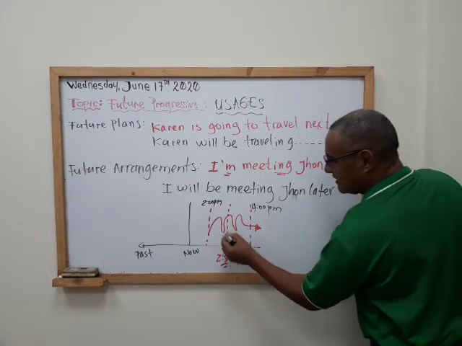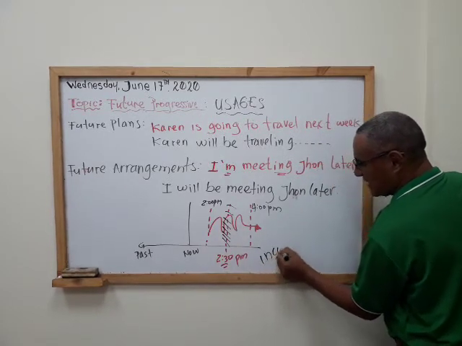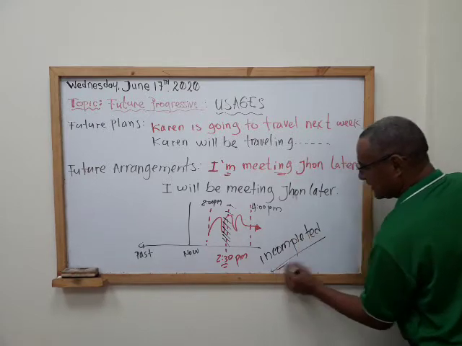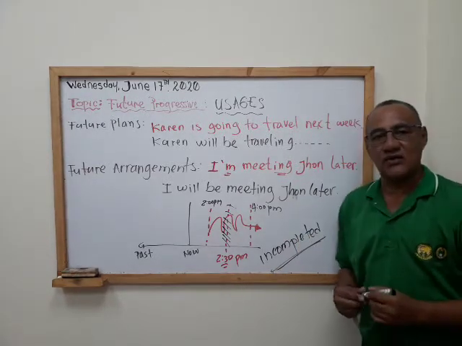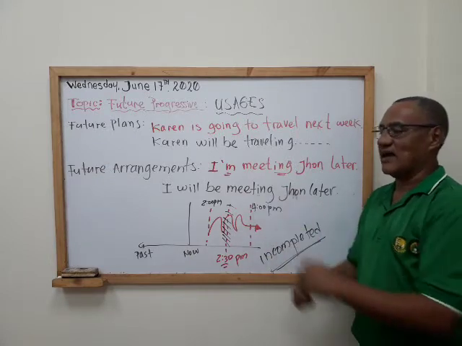This means that this activity is incomplete. That is the thing we have to take into account to analyze these future tenses.